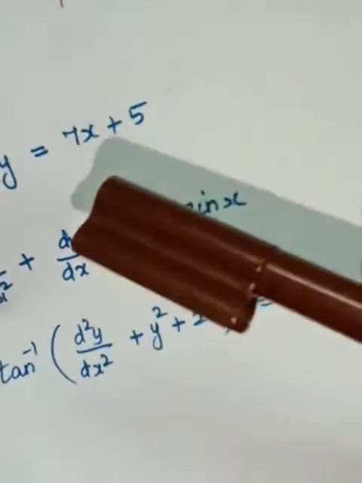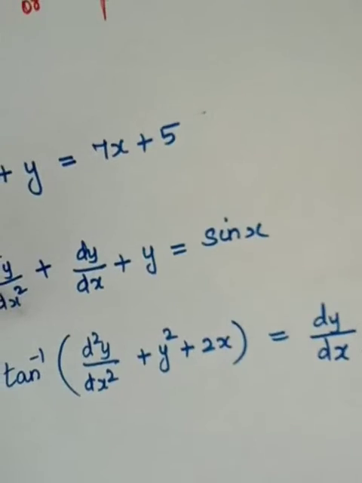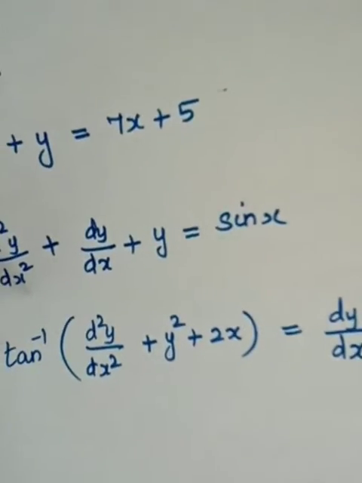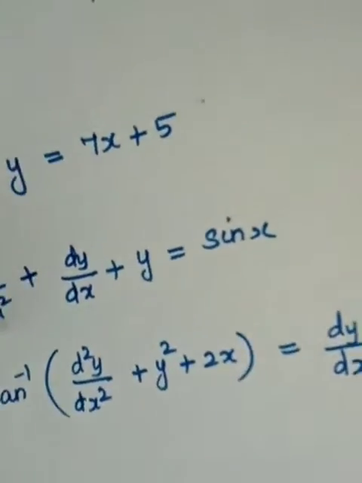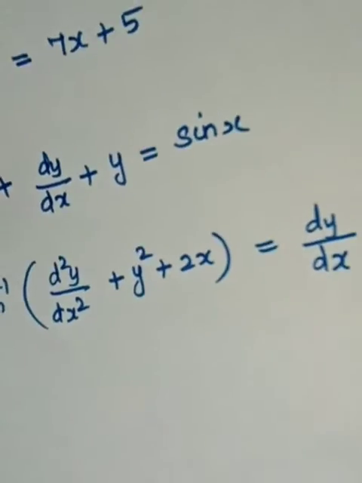If we have it like this, we can't write the differential equation in polynomial form. Therefore the degree is not defined. In this way you have to write.